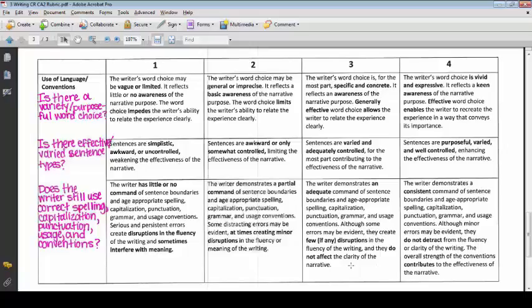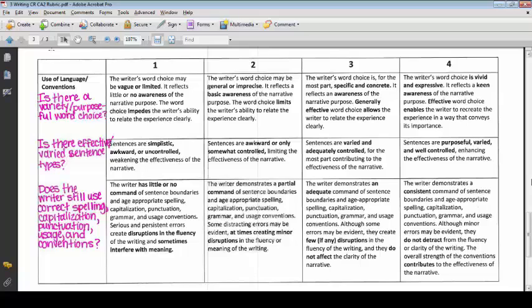And then in order to get a 4, the conventions really need to contribute to the effectiveness. That would be things like correctly using dialogue when somebody in the paper is saying something. That would be like correctly using an exclamation point to convey the experience a little bit better.